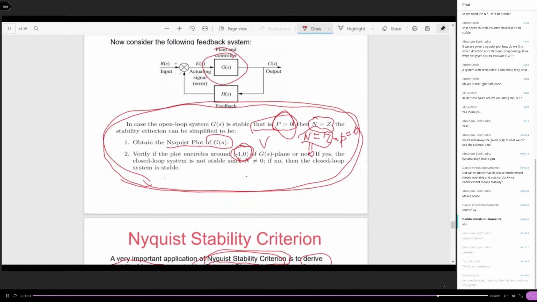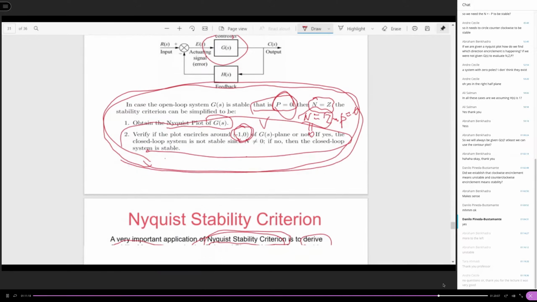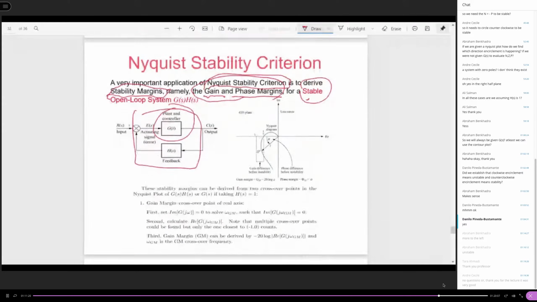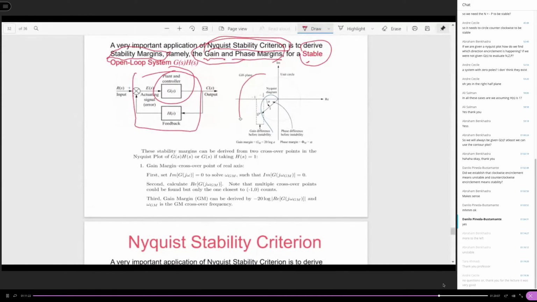Then we use this fact to derive the so-called gain margin and phase margin. How to do that? This is the case in this picture. This blue line is what we call the Nyquist plot of G(s). The -1 point is here. Assume you already drew the Nyquist plot like that.